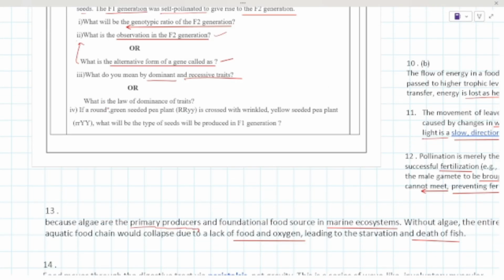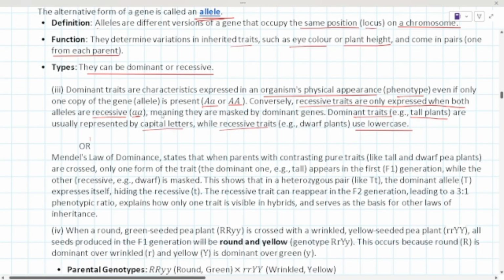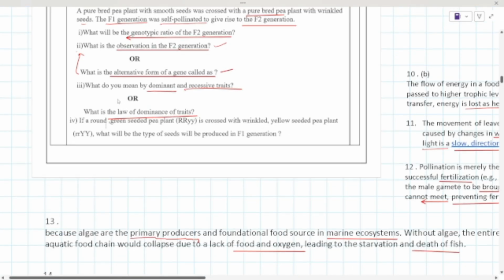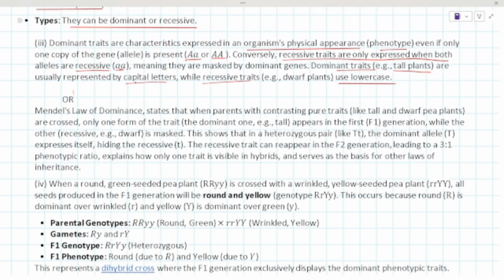What is the law of dominance? The third question. The explanation is that Mendel's law of dominance states that when parents with contrasting traits, like tall and dwarf pea plants, are crossed, only one dominant trait, for example tall, appears in the F1 generation, while the other, dwarf, is masked.